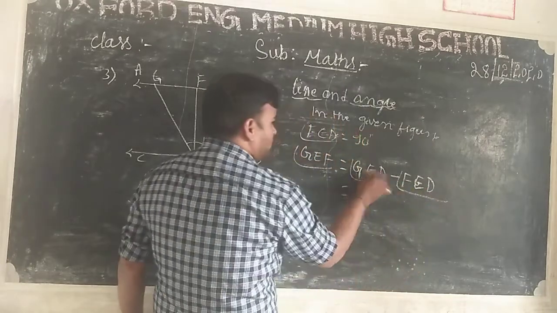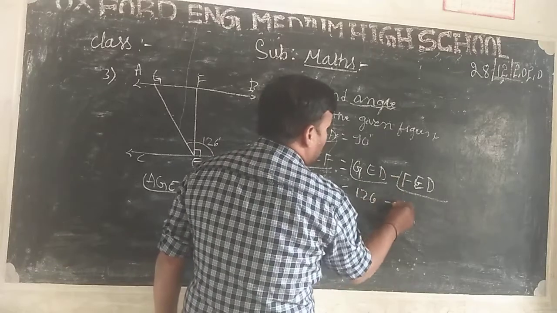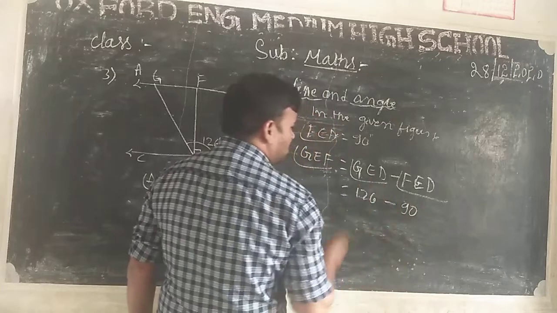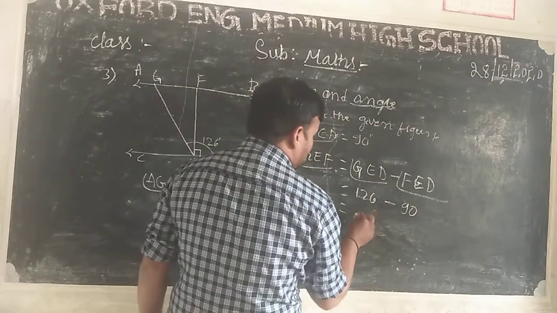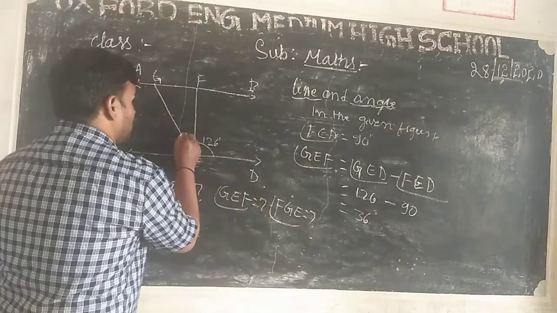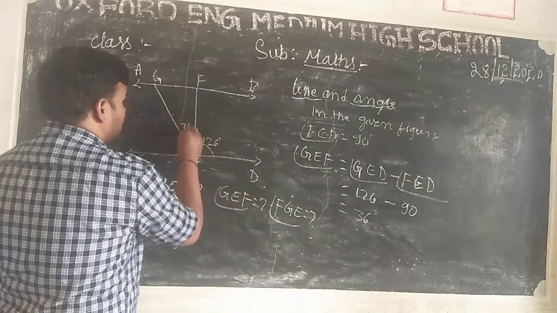What is the value of GED? 126 degree. What is FED? 90 degree. 126 minus 90 is 36 degree. So the value of GEF is 36 degree.